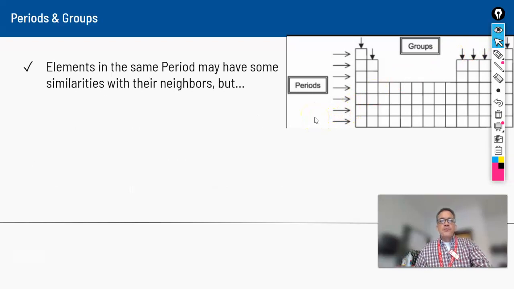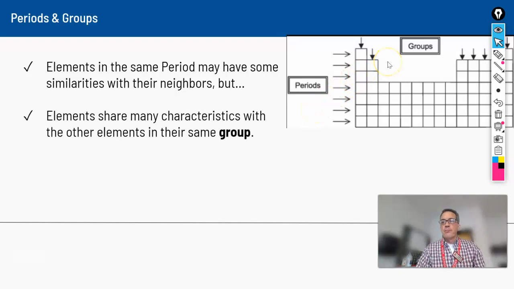Okay, so elements in the same period may have some similarities with their neighbor. If you've got a metal over here, it may be kind of similar to a metal next to it. But in general, what we tend to see is that elements share characteristics much more so if they're in the same group.